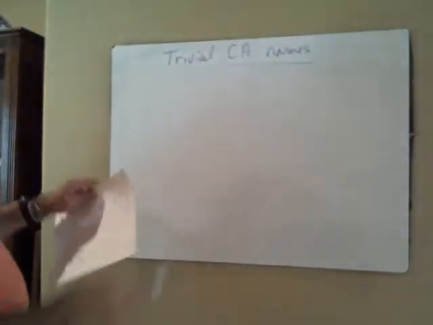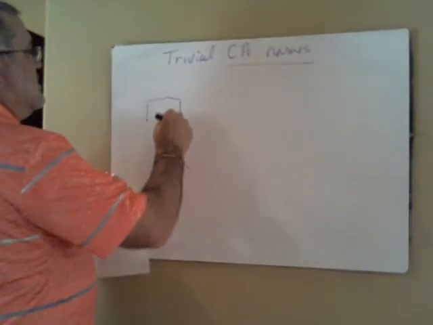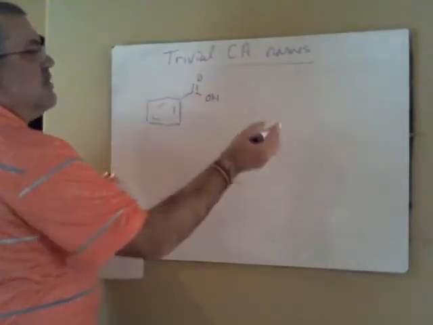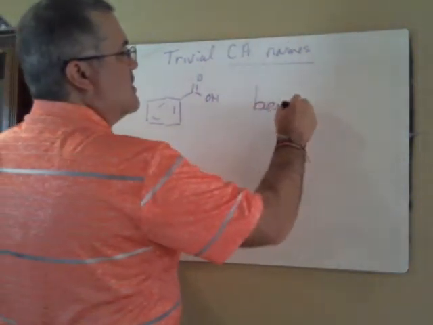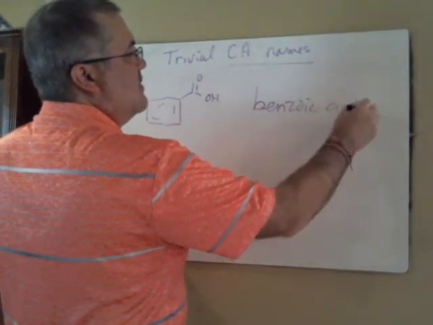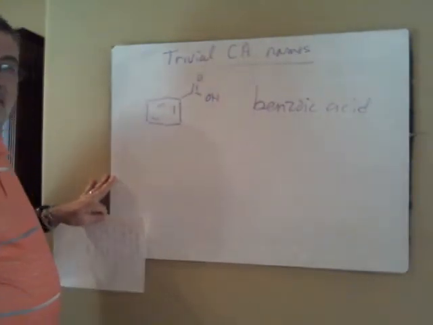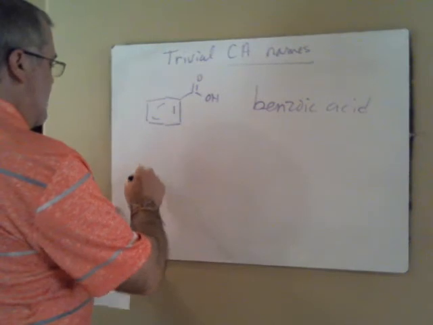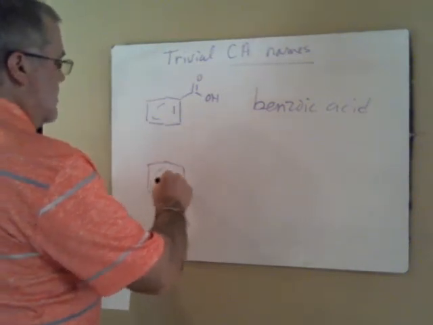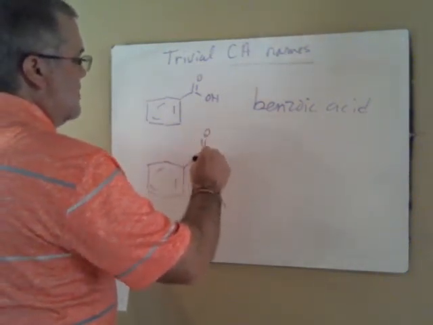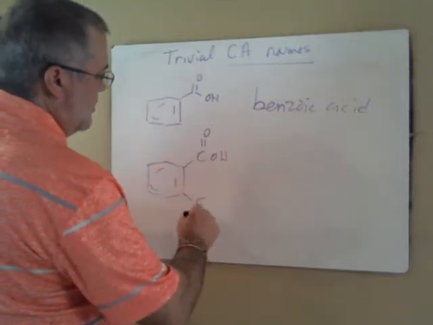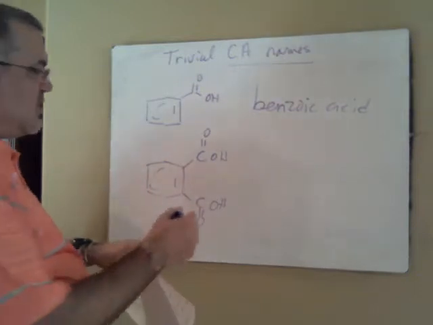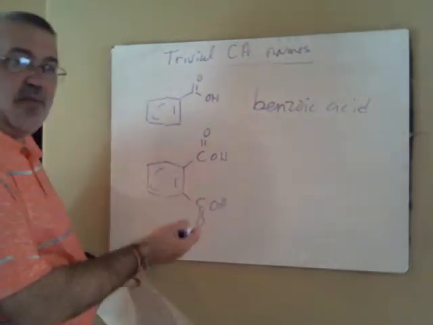And then you have your aromatic. This we know we call benzoic. That is in fact a trivial name, as we saw when we were talking about nomenclature. And then we can have the aromatic ring with two carboxyl groups off of it. And you may not remember this, but we did this at the beginning of the semester.